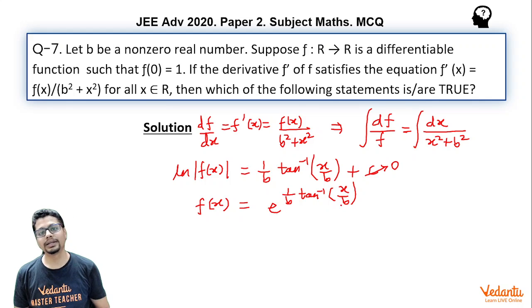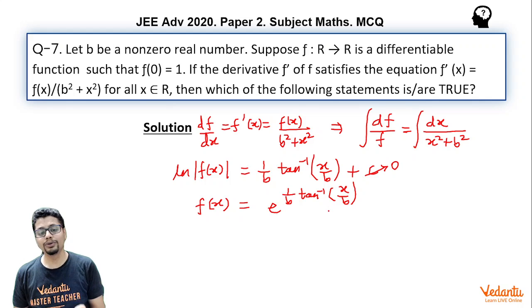Now you may also say, what if for some values of x, f of x is e to the power 1 by b tan inverse x by b, and for some other values of x, what if f of x is minus e to the power 1 by b tan inverse x by b? That's also not possible because f of x is a differentiable function and hence also continuous.